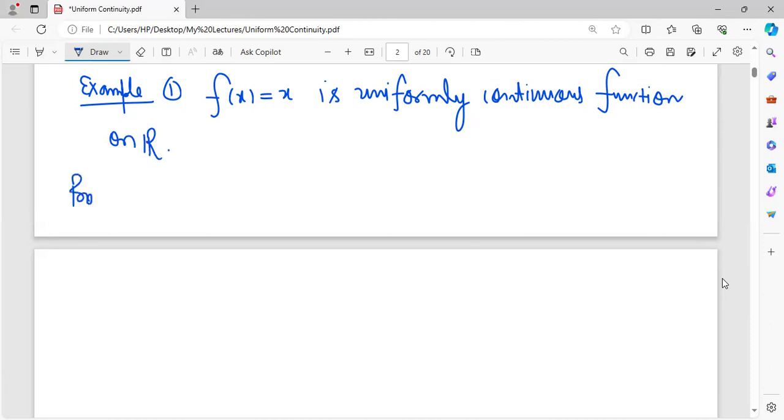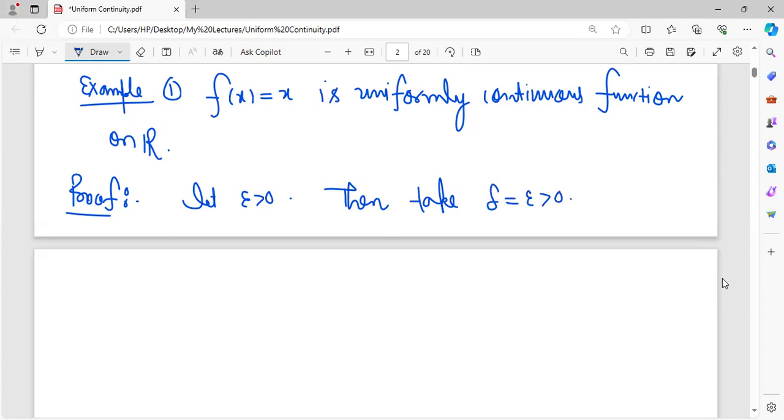Let's see its proof. Let epsilon greater than 0, then take delta equal to epsilon, which is also greater than 0.